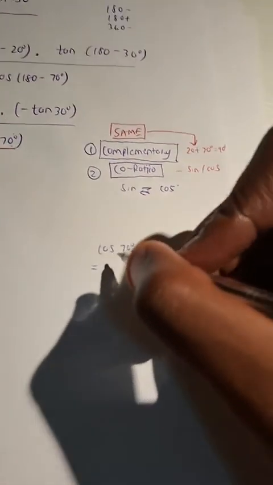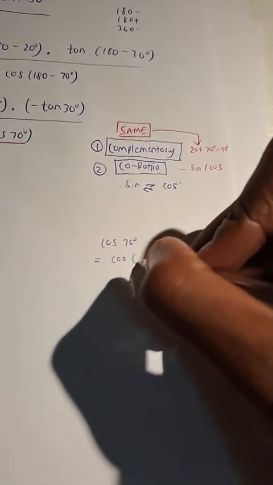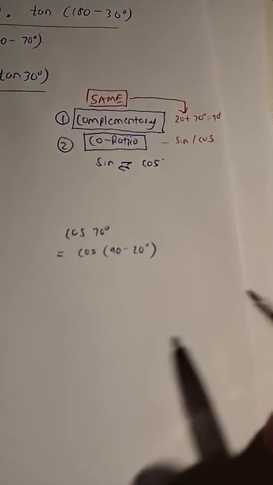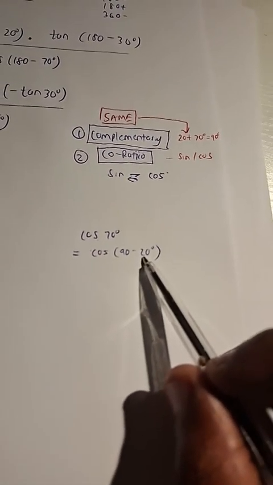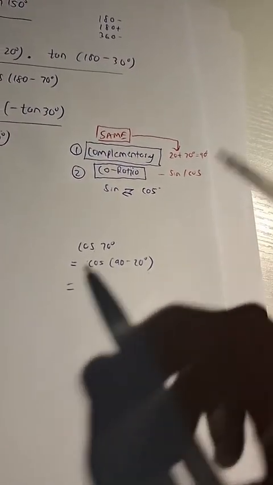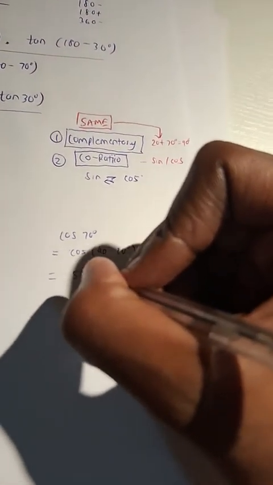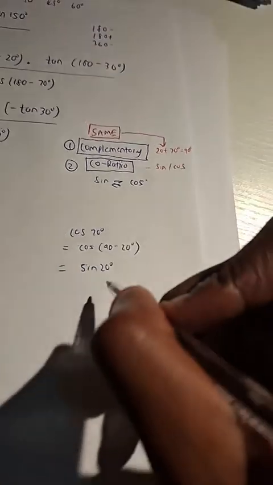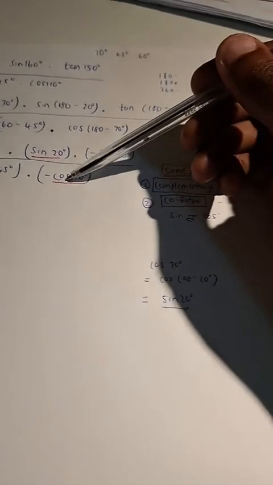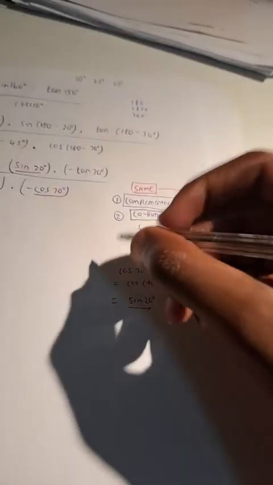If you reduce cos 70 and you use the co-function, this becomes cos of 90 minus 20. Do you agree? Then, 90 minus 20 is in the first quadrant. How is cos? Cos is positive. But then I write sine of 20 degrees. Do you see what I just did? This cos 70 is now equal to sine 20.